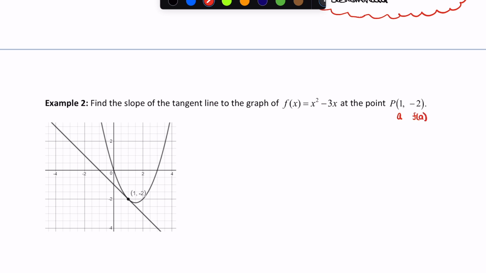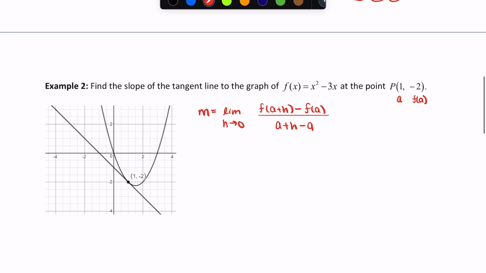So here, if we write our equation that we just looked at, m is equal to the limit as h approaches 0 of f(a + h) − f(a) over (a + h) − a.